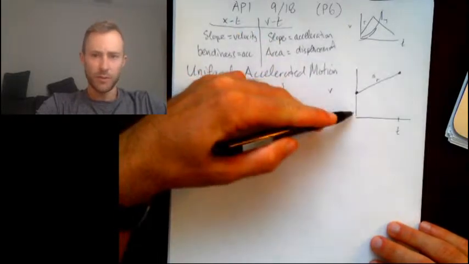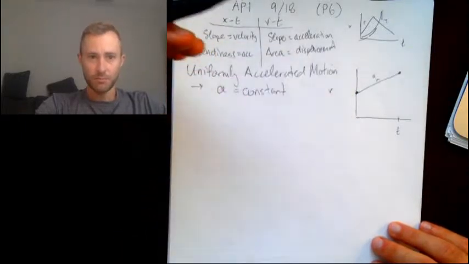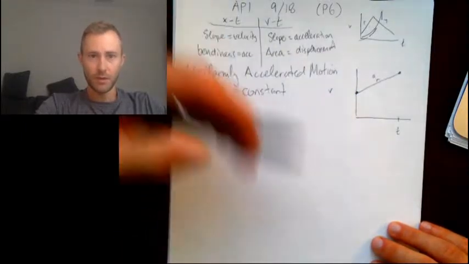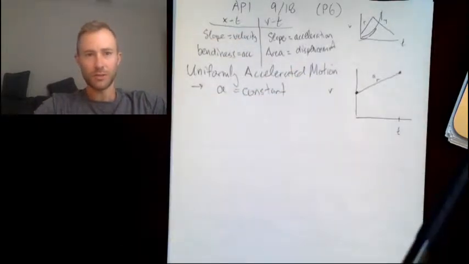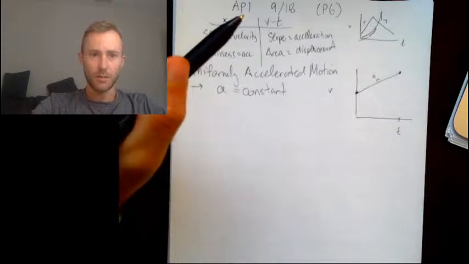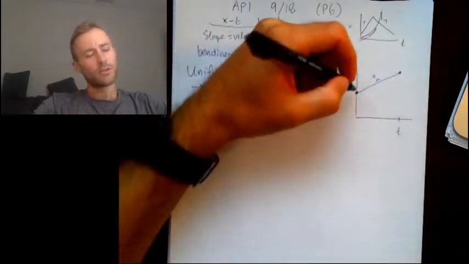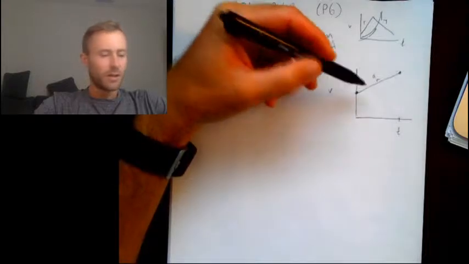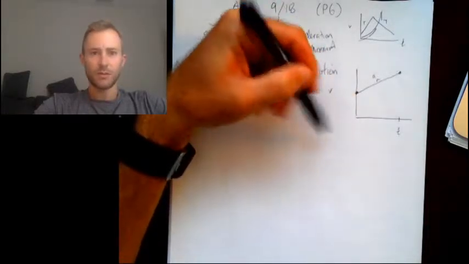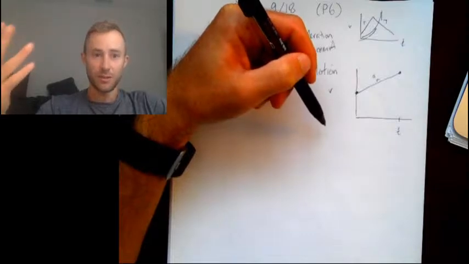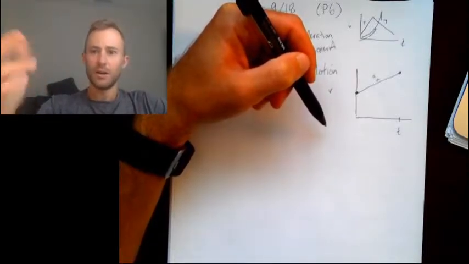Before I go any further, I want to think about what is the meaning of y-intercept. In math class, the y-intercept is where a line crosses the y-axis, okay? So if you think about it, we have a velocity time graph. So we're kind of talking about the v-intercept. So what is the meaning of the v-intercept?